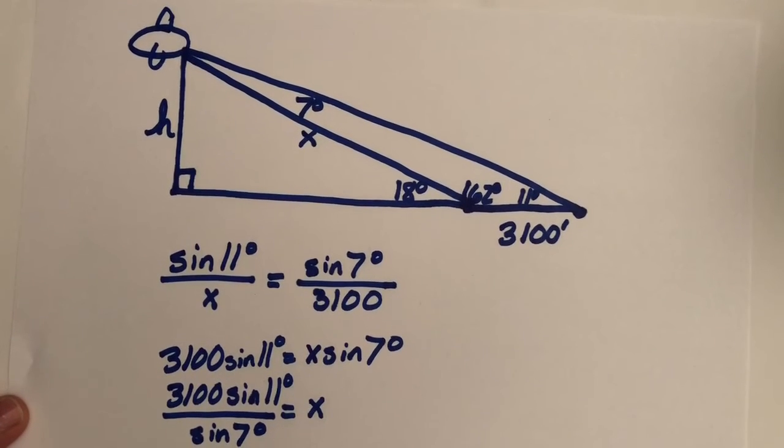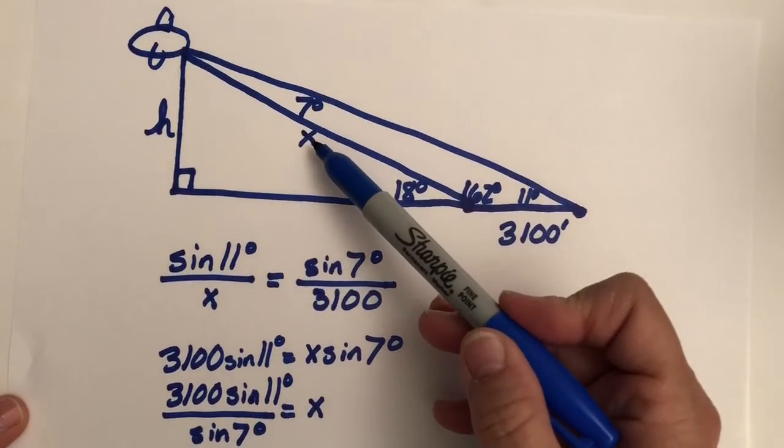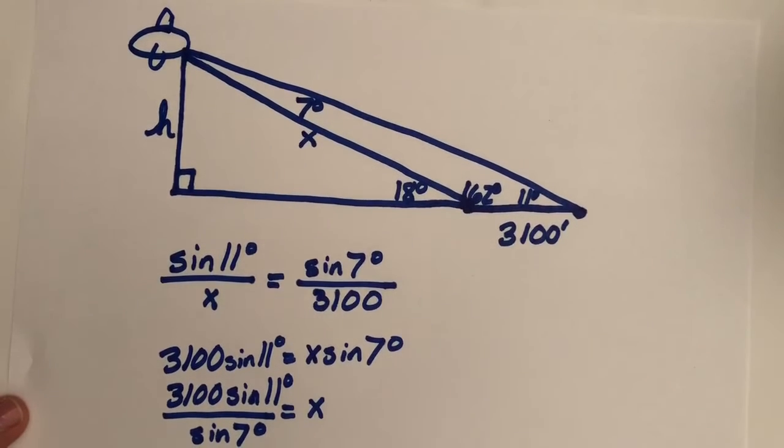Now, I put more decimal places in this problem than I normally would, because we're going to be using that value of X to do a further calculation. I didn't want to round too far since I was going to be using it to calculate this.